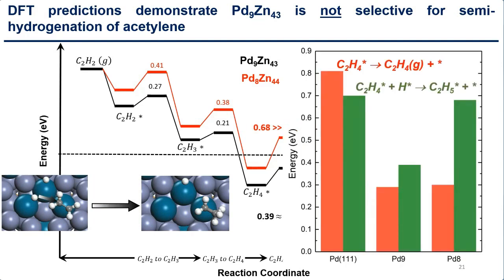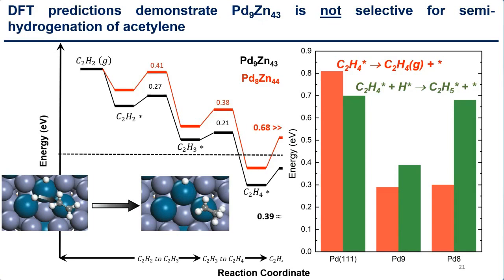So in summary, we can see here, if we compare that with palladium-11, if we look at the differences between these two barriers, either the desorption of ethylene or the semihydrogenation of ethylene, as we know from previous experimental results, contiguous palladium is a very good ethylene hydrogenation catalyst, and so the barrier to desorb is much larger than the half hydrogenation barrier.